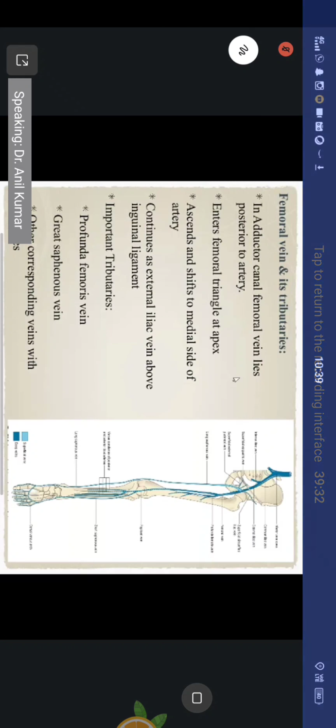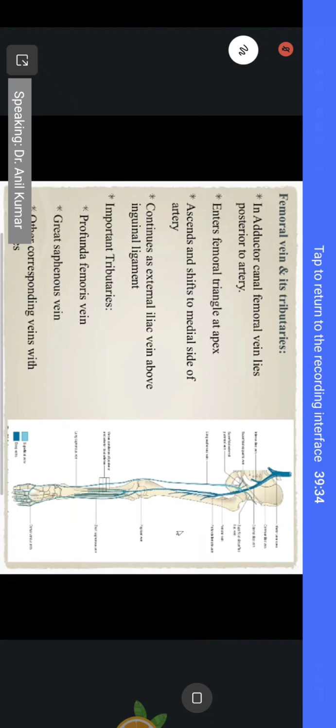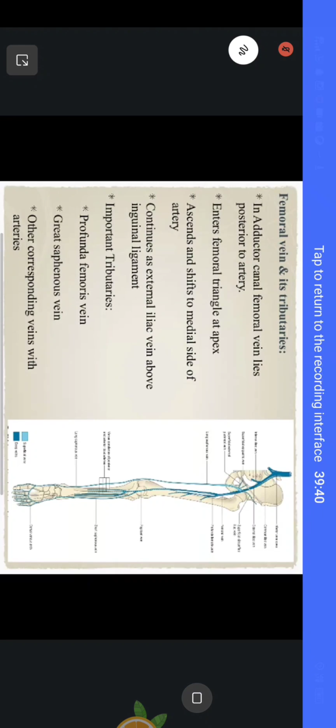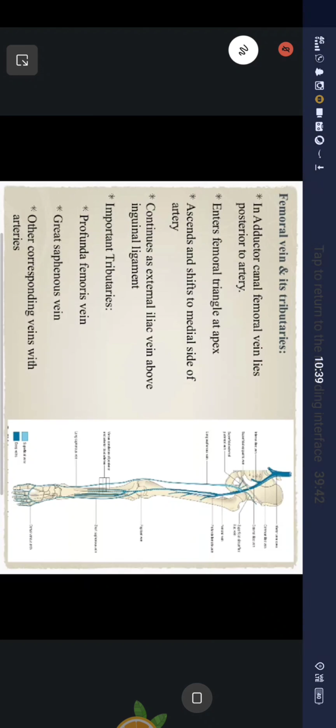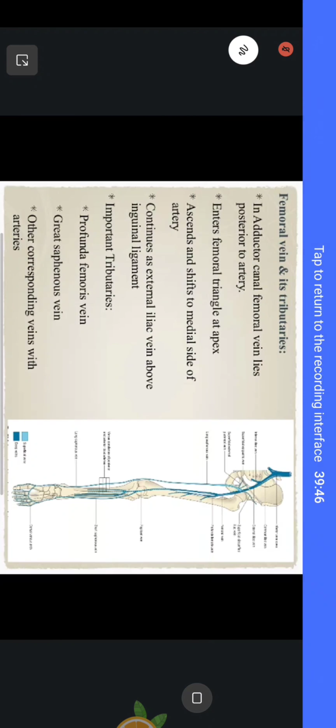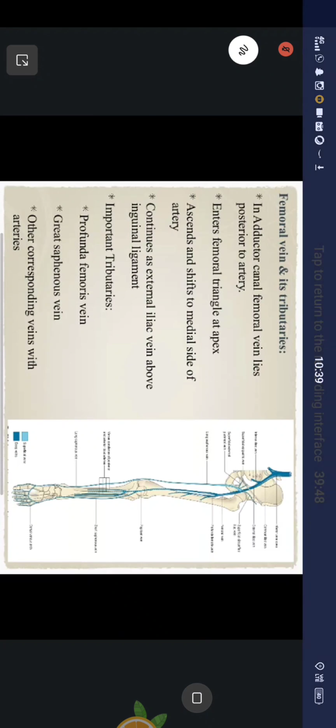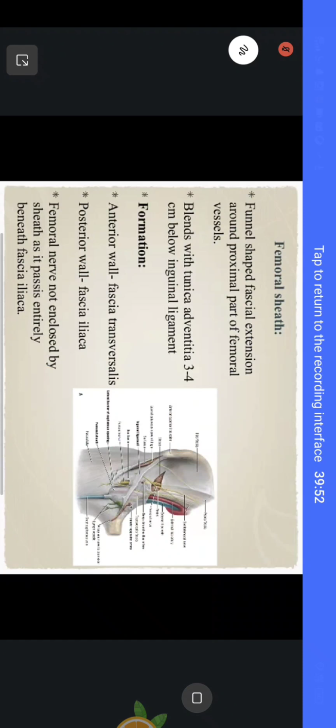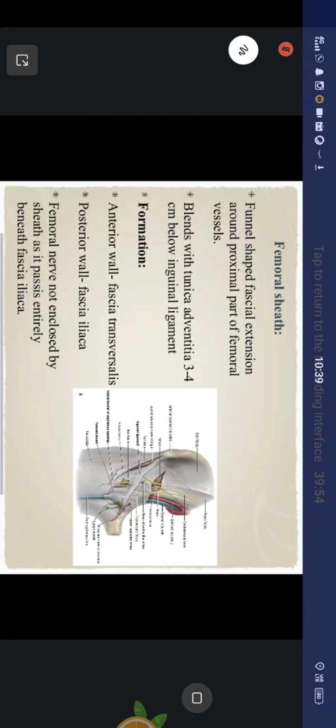Here in the femoral triangle, we see mainly tributaries like the profunda femoris vein and great saphenous vein, which is coming from the lower aspect and entering the femoral vein through the cribriform opening or saphenous opening. After the femoral vein, another important thing, this is a short answer, femoral sheath.